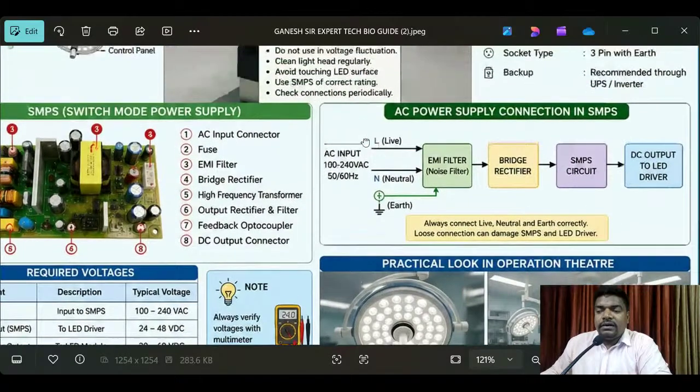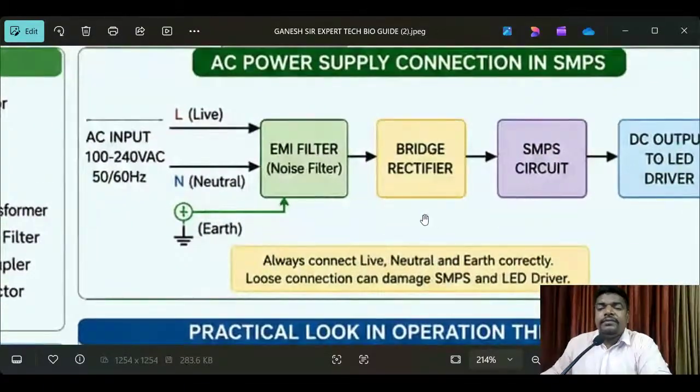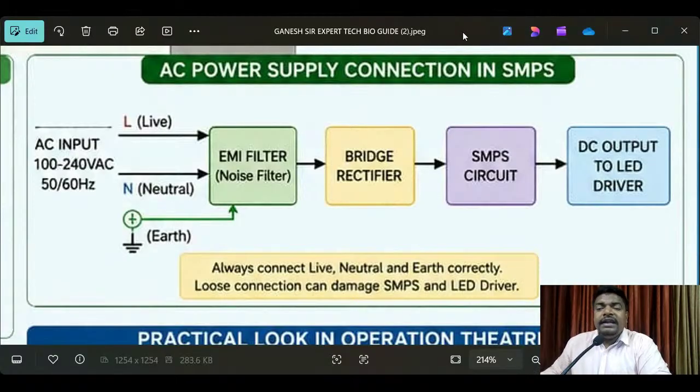Now let me show AC power supply connections in SMPS, how they look. These are very, very important. As a biomedical engineer, at the end of the day your major responsibility is to repair the equipment in any situation, critical or non-critical, and give it in working condition.